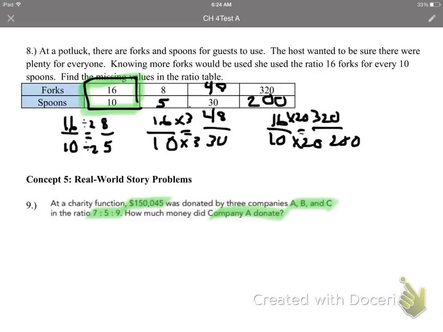So as I look back, I know I have A to B to C, and I know that that's 7 to 5 to 9. And then I'm going to take it a step further, and I'm going to go ahead and draw my picture. And that second one should be a 5, not an 8. So I'm going to go ahead and draw my picture, and I'm going to start with my 9 at the bottom, actually.